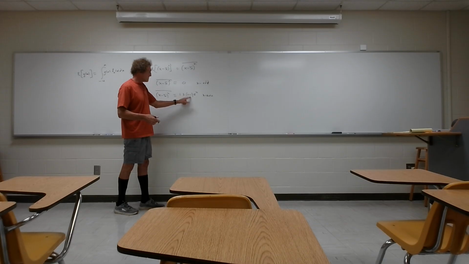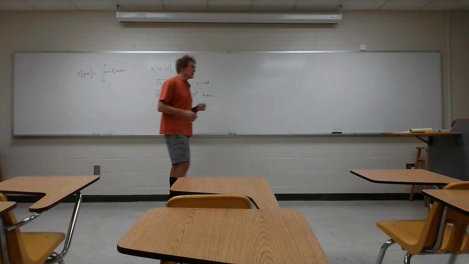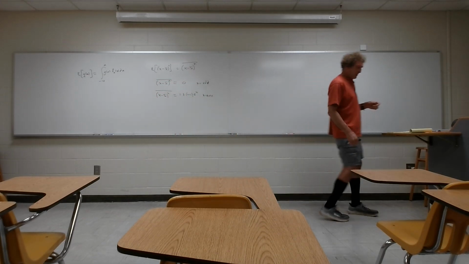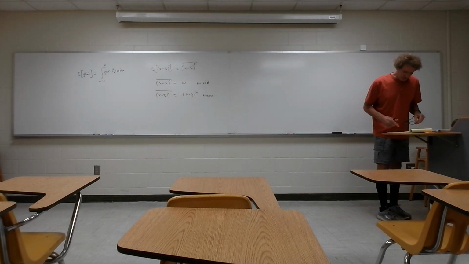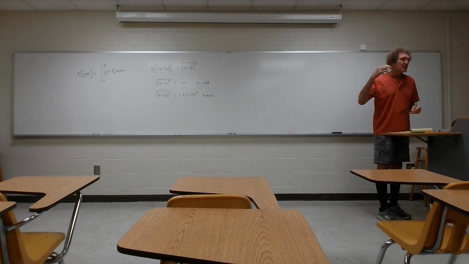So 1 times 3 times 4, sigma to the 5th power. Do you follow me on this, class? That would be for n even. And the formula is in the book. I wish I had the page number. But this is something you're going to need to be aware of and use. I'm trying to be clear about this.